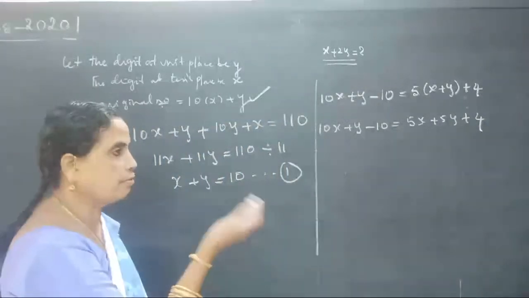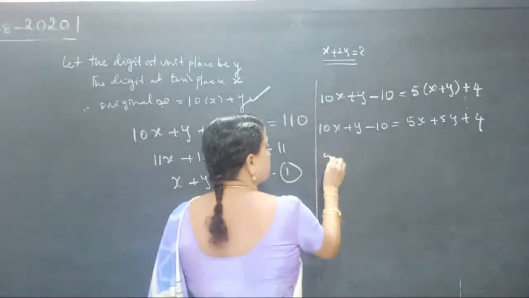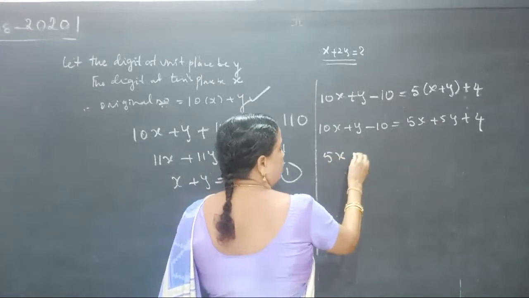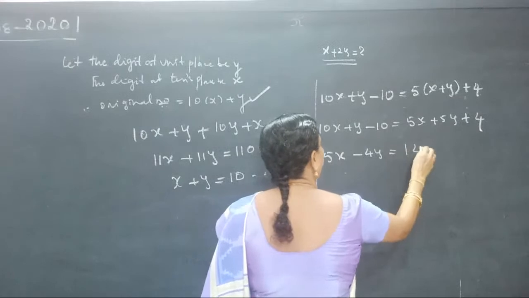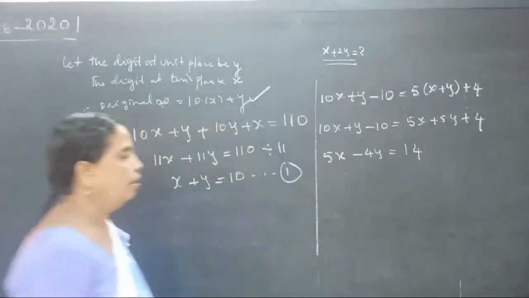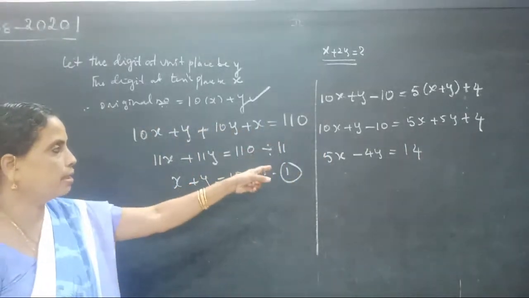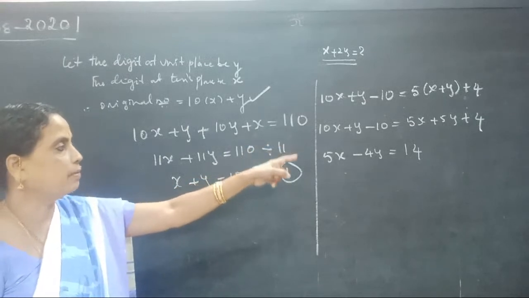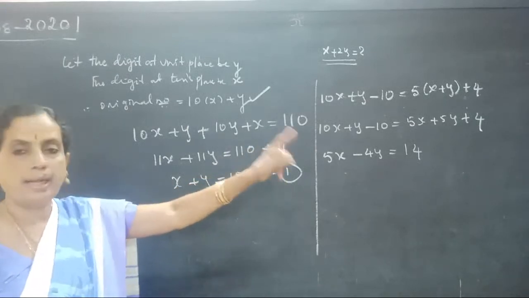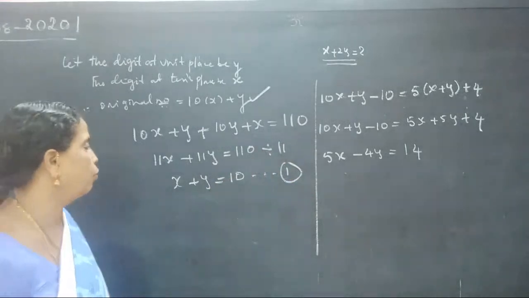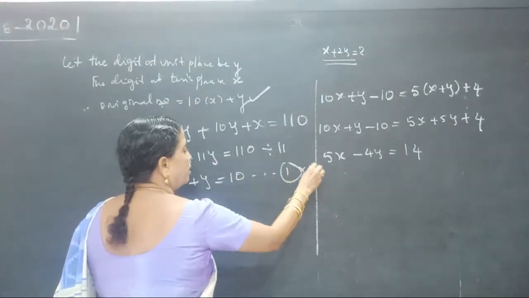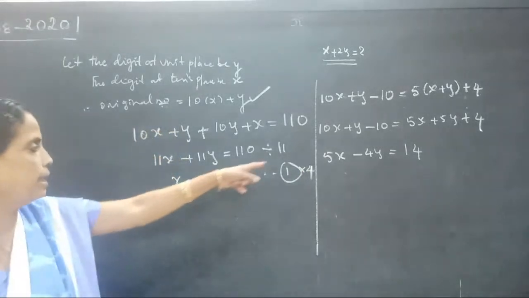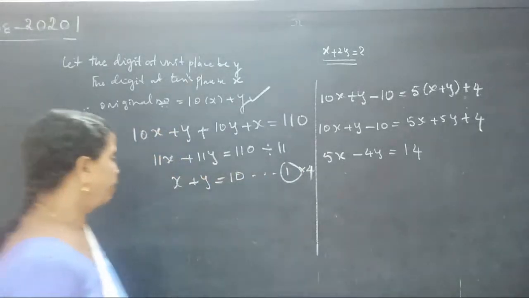Now let us transfer to the LHS. It becomes 5x minus 4y equals 14. Is it clear? 10x minus 5x, plus y minus 5y, minus 10 transferred to the RHS becomes 14. This is the first equation. I will multiply the other by 4 so that we can easily cancel the y values.